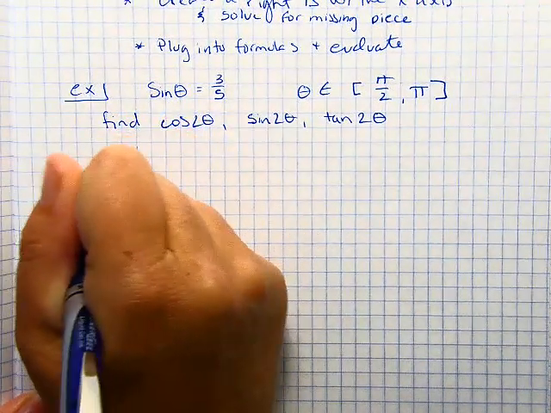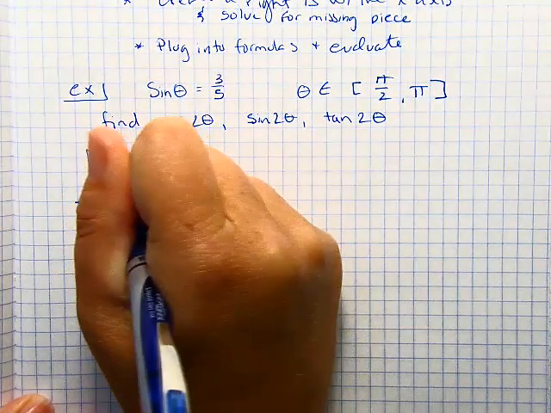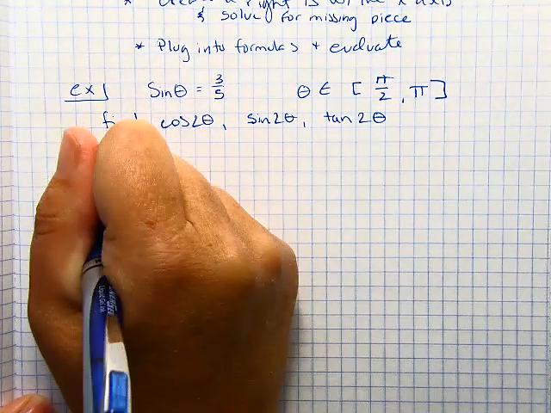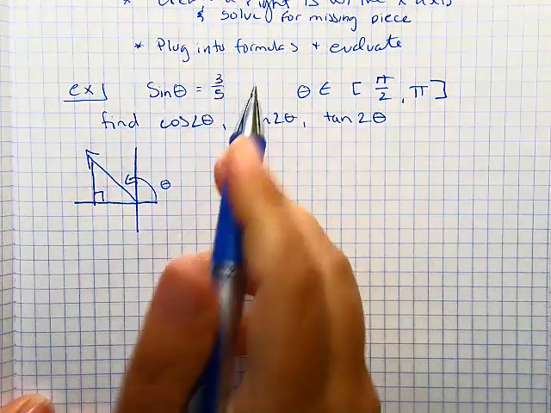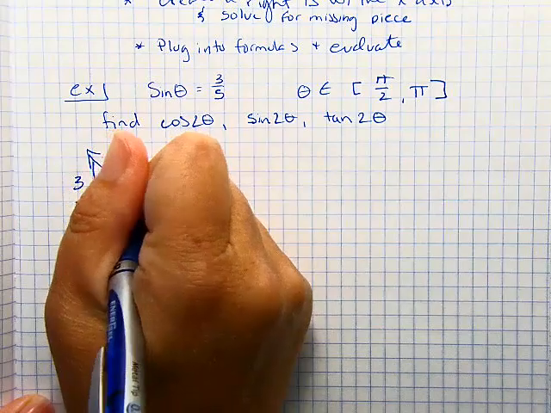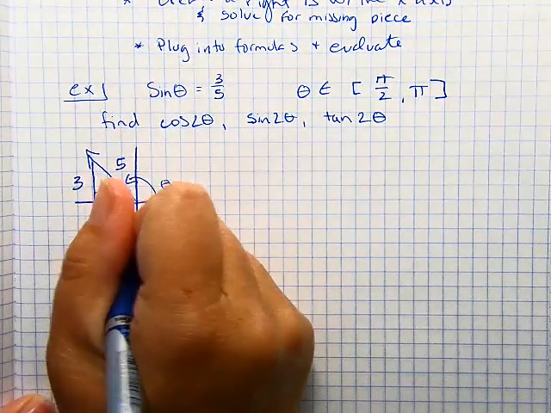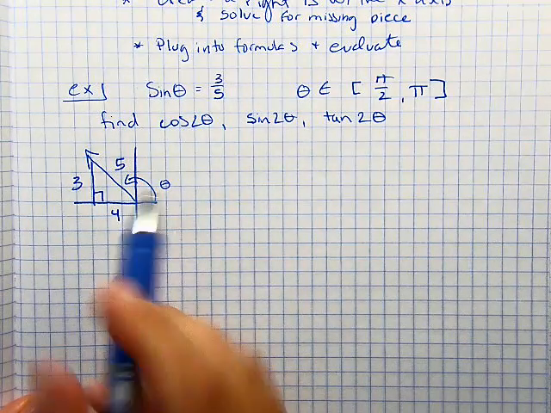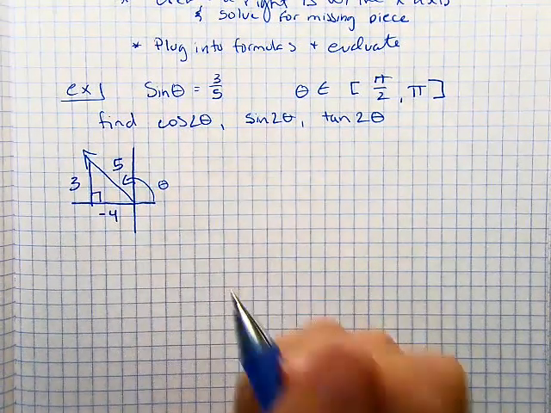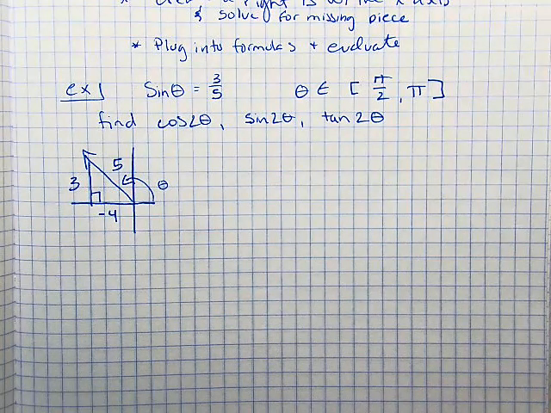We're going to draw our triangle. There's theta. Right angle, sine is opposite over hypotenuse. This is a 3, 4, 5 triangle. But beware because this is a -4. We are in quadrant 2 and the x values are negative. So now we're just going to plug into our formulas.